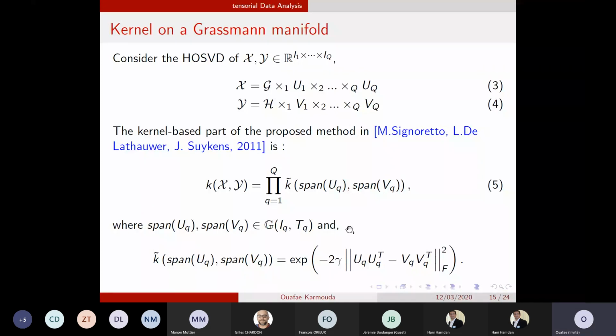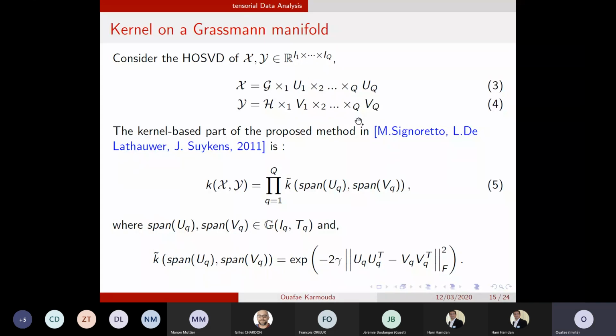So the choice of this distance is not arbitrary, because this distance gives rise to a positive semi-definite kernel, which is an interesting property in order to use support vector machines with kernel methods.